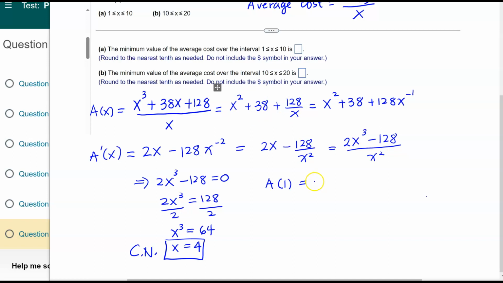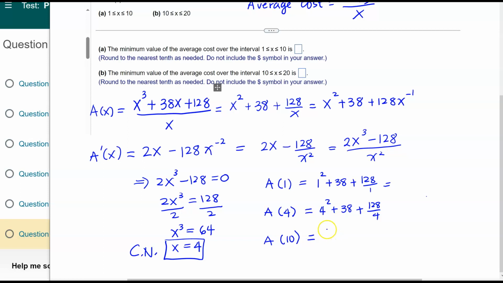So the average cost at x equals 1 will be 1 squared plus 38 plus 128 over 1. Then you plug that into your calculator. And then you have a at 4, which will be 4 squared plus 38 plus 128 over 4.